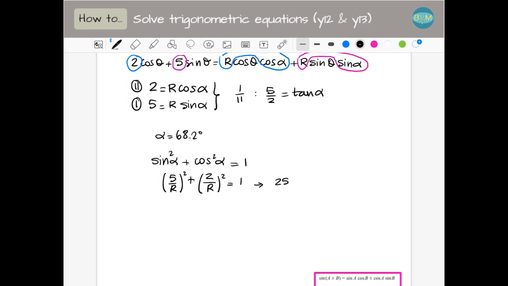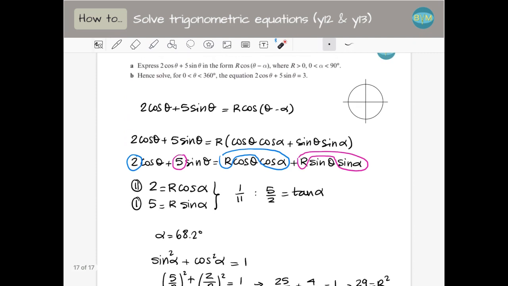So this is 25 divided by r squared plus 4 divided by r squared is 1. So you have 29 is going to be r squared, so r is root of 29. It could be plus or minus, but here they say r is positive, so we are going to pick the positive value.